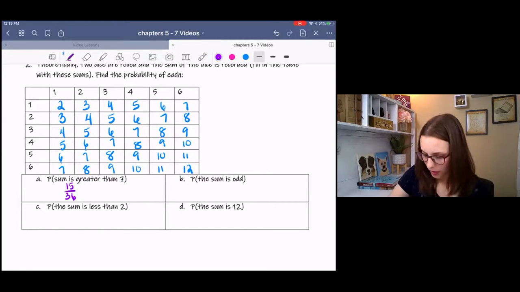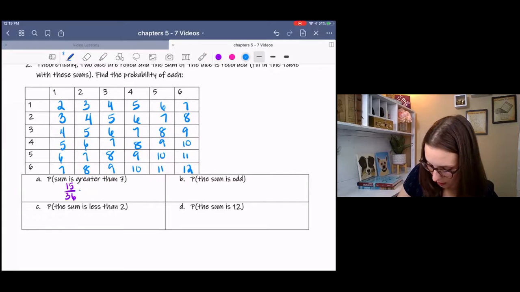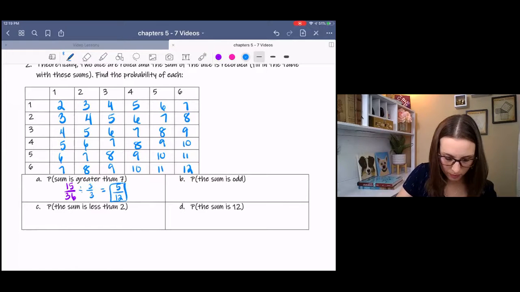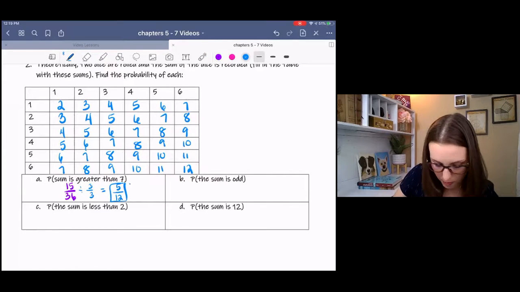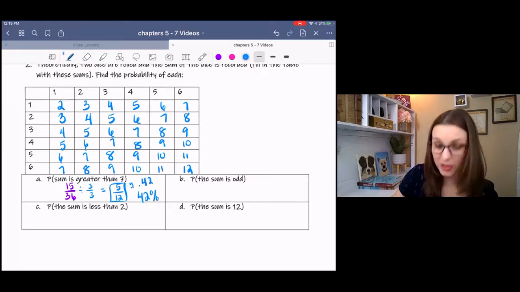And then reduce to get 5/12. And in decimal form, that's about 0.42, which is 42%.